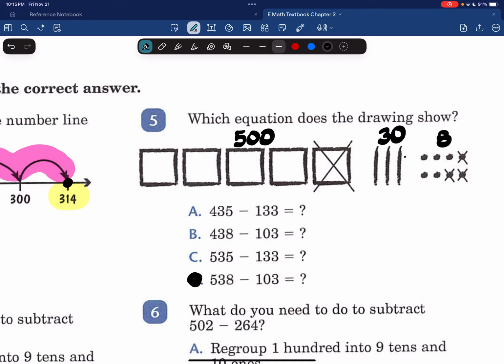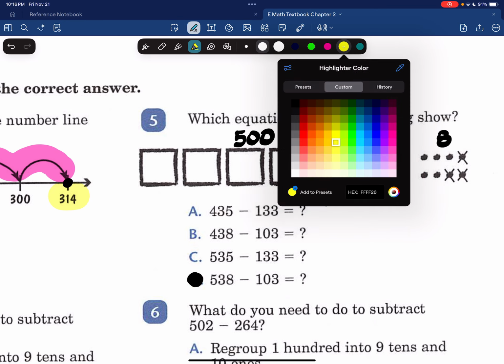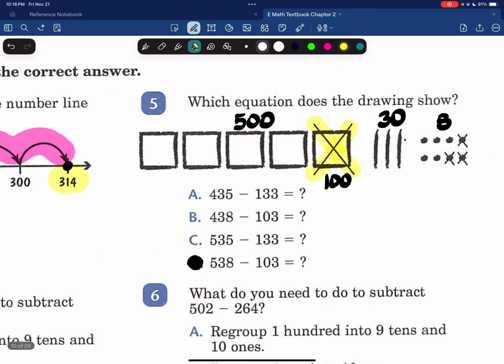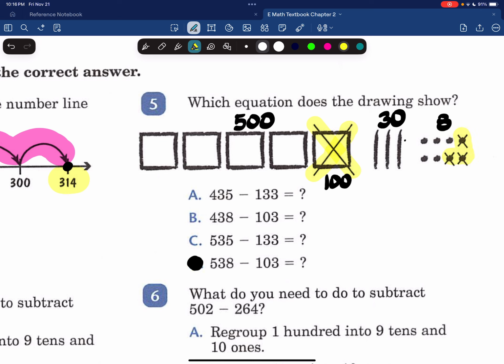If you can get that far, you've got the answer. You have 538. But let's look at where they're getting the 103, because this is interesting as well. There's 1. So that's 100. And then they subtracted 3 of these.